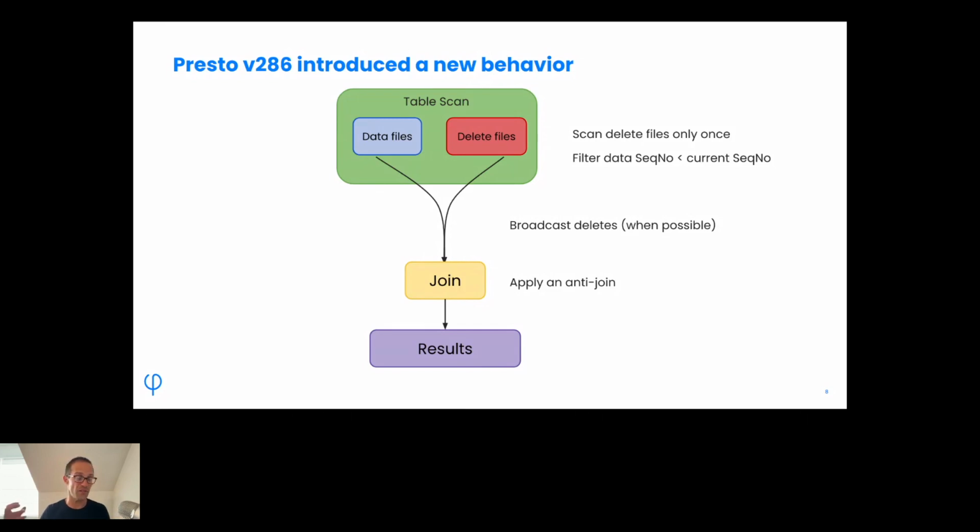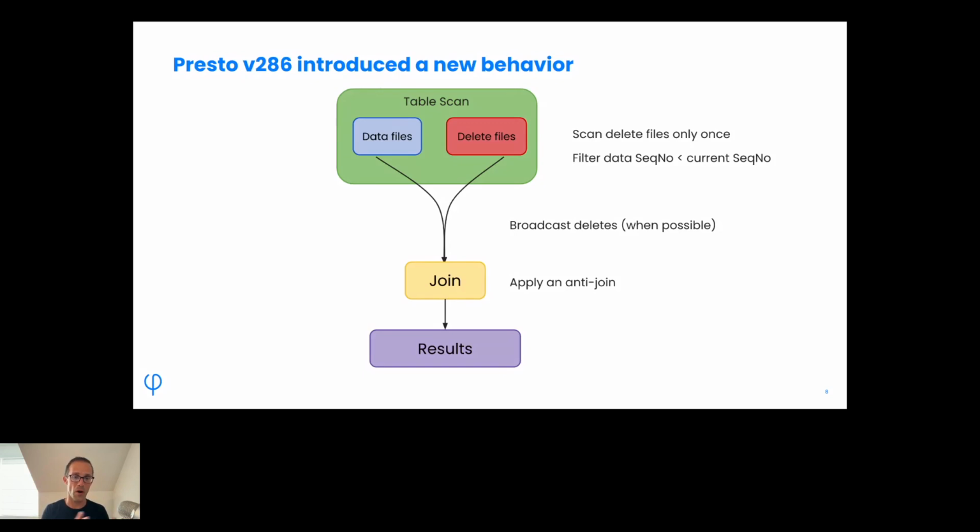Then we're going to broadcast that delete table set to all the other nodes, and then do an anti-join that joins the data files with the delete rows and produces the results. That takes advantage of Presto's inherent capabilities around splitting data, distributing data, and doing distributed computation, to get better performance.